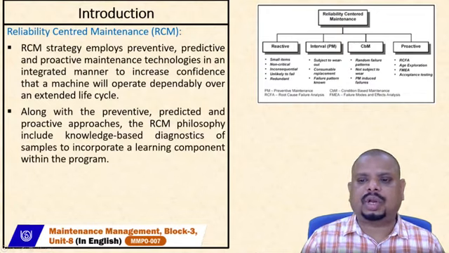Next is failure mode and effect analysis, which is shortly known as FMEA, and the last one is acceptance testing. So these are the classifications of reliability centered maintenance, which is employed for preventive, predictive, and proactive maintenance technologies to increase operational dependability over the extended life of machines.